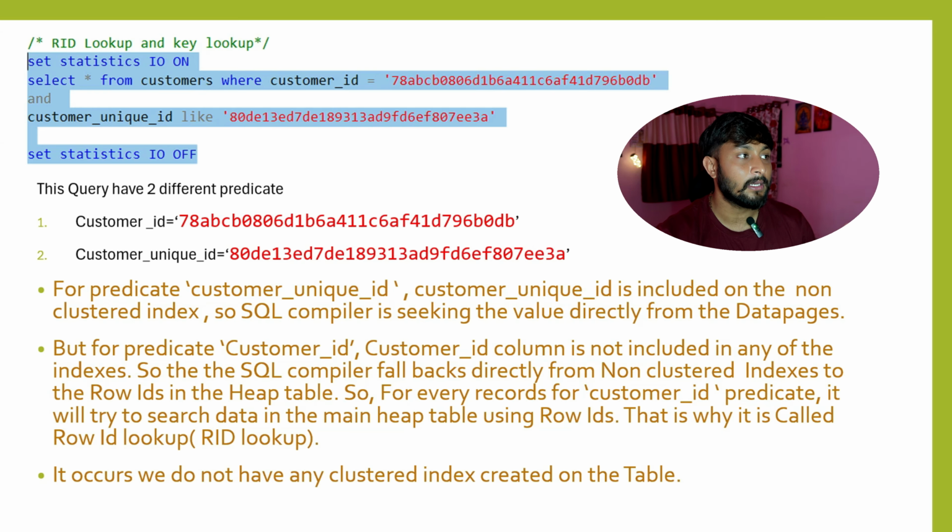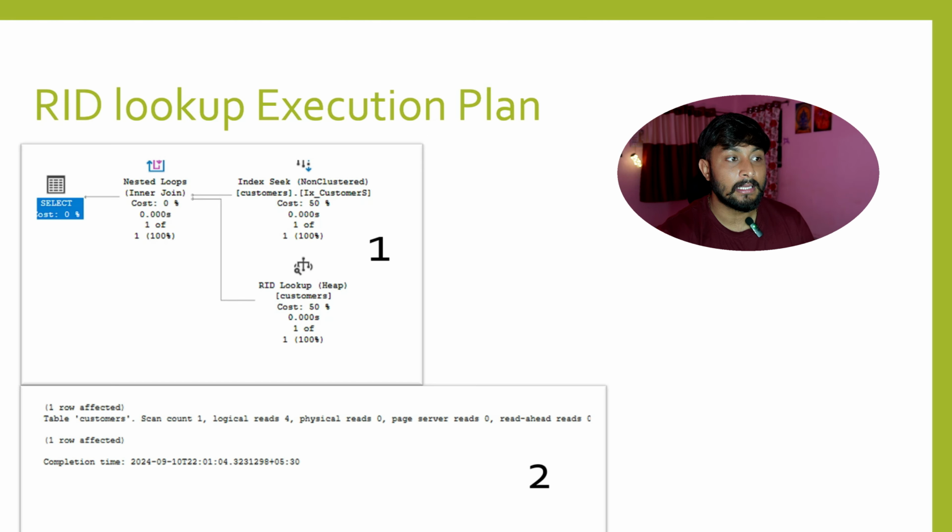Okay, in this example we are searching data from the customers table, and we have 2 different predicates. First we have the customer ID, and second we have the customer unique ID. We have already created a non-clustered index on the customer unique ID, so while searching the data for the customer unique ID, it will do an index seek. In image 1, here you could see that for customer unique ID it is doing an index seek.